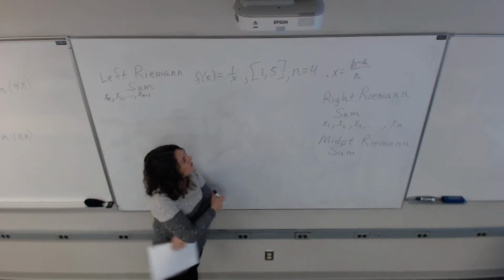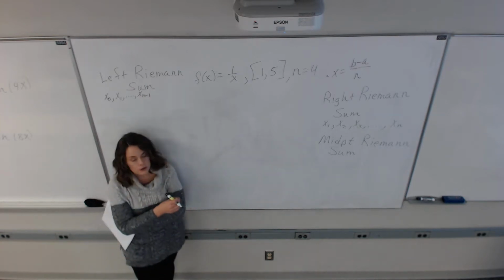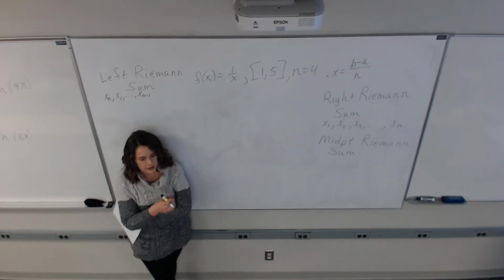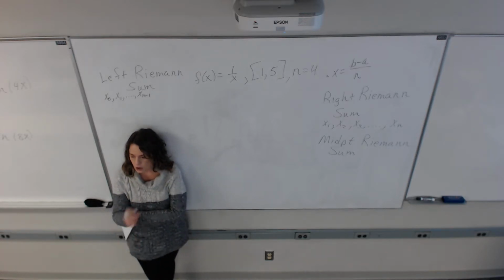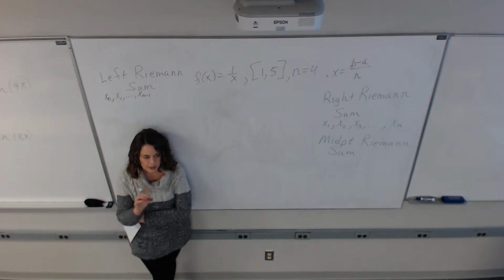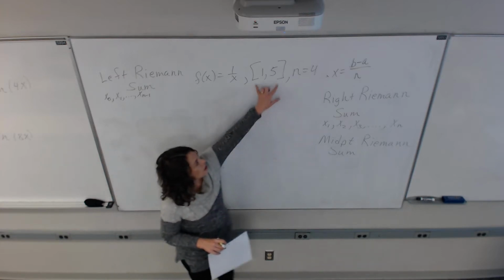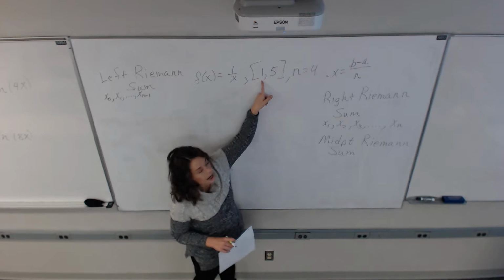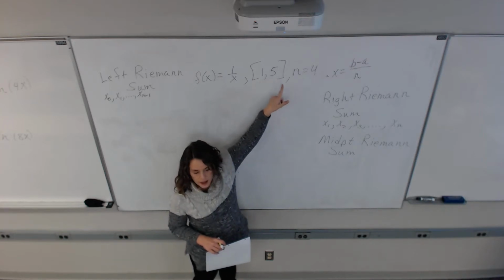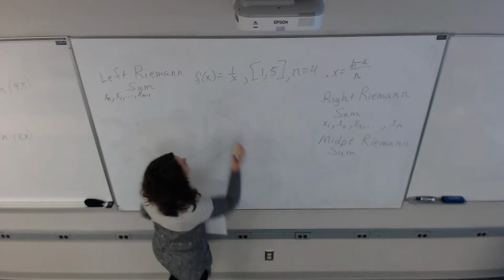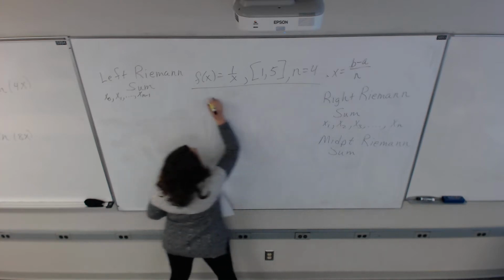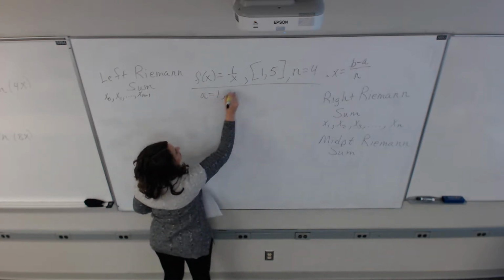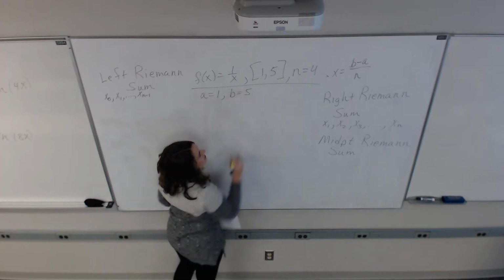Okay, first off, in order to do this, remember you're trying to find the area between the curve and the x-axis between 2 specific x-coordinates. Those 2 specific x-coordinates are given as a closed interval. That means that A is 1 and B is 5. So the first thing we're going to do is write down A is 1 and B is 5.